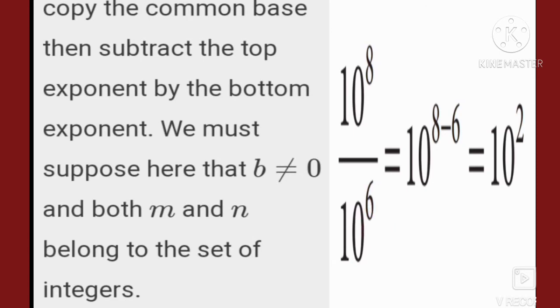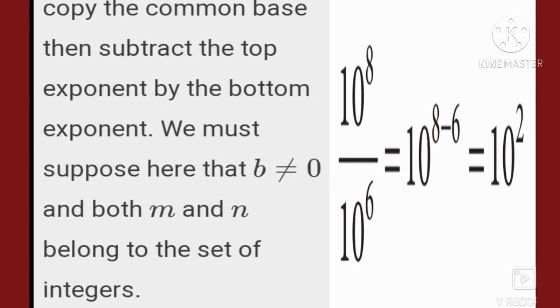Top exponent here is 8 and bottom exponent here is 6. We must suppose here that b is not equal to 0 and both m and n, that is the exponents 8 and 6, belong to the set of integers.